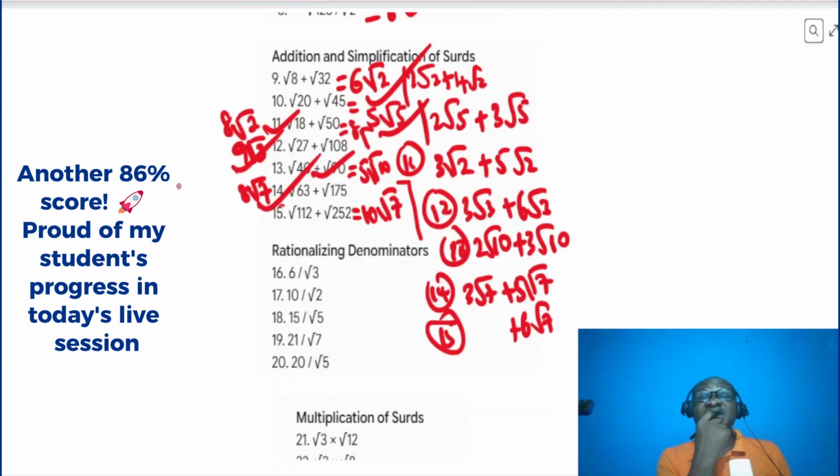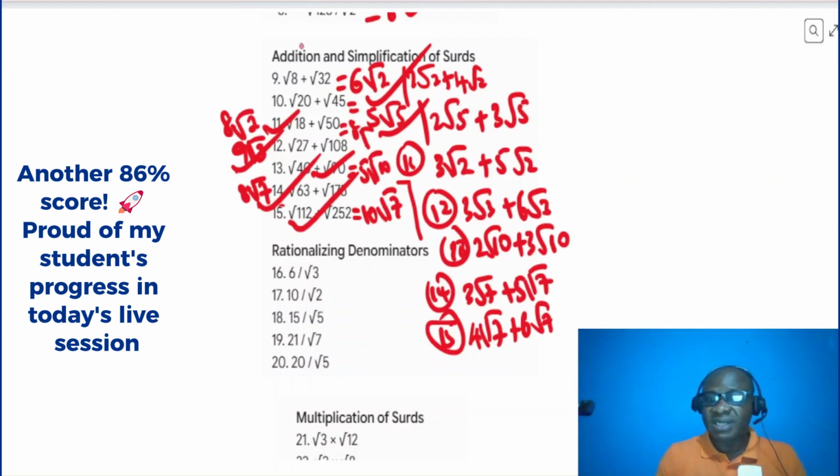So it should be 16. Yes. 112 divided by 16 is going to give us 7. So that is 4 root 7. The addition of it is 10 root 7. Okay, so number 15 is also correct.